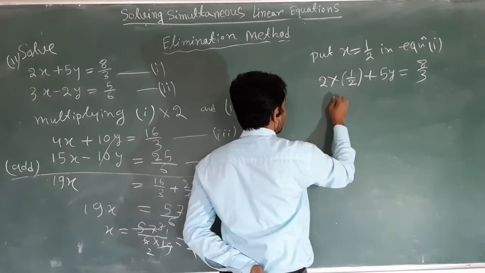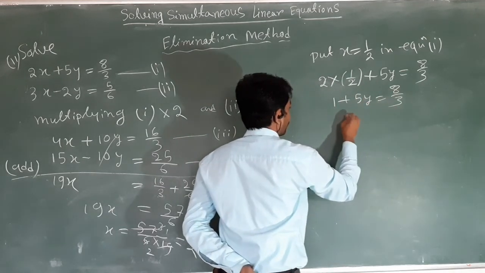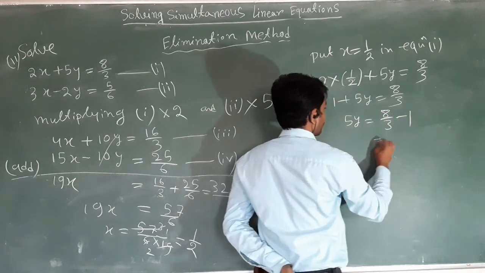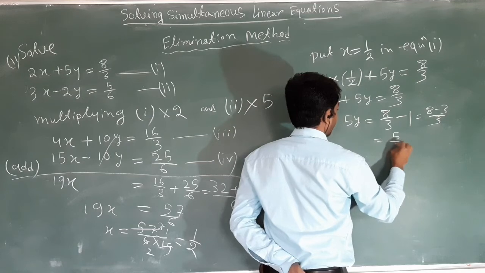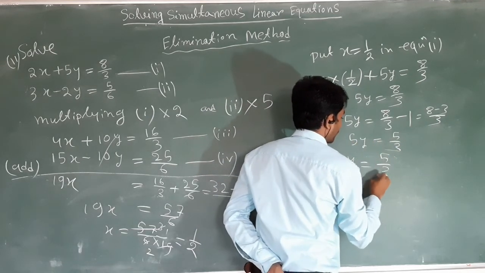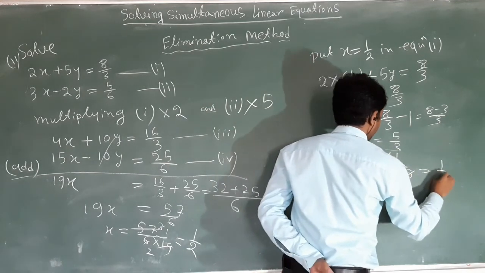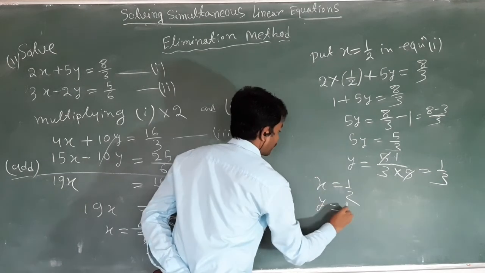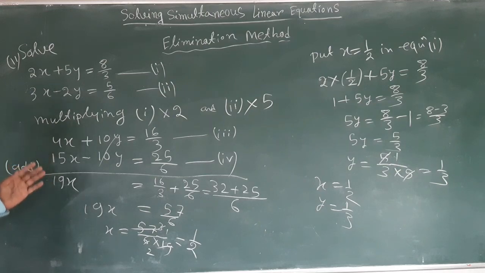So 2 cancel, 1 plus 5y is equal to 8 upon 3, 5y is equal to 8 upon 3 minus 1, 8 minus 3 upon 3, so 5 upon 3, and y is equal to 5 upon 3 multiplied by 1 upon 5, cancel, 1 upon 3. So x equal to 1 upon 2 and y equal to 1 upon 3 are the solution of given simultaneous equation.